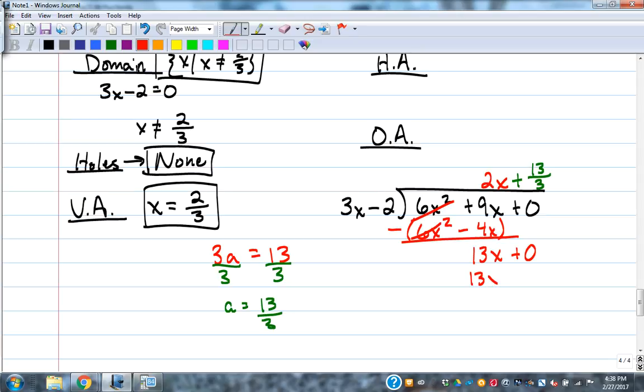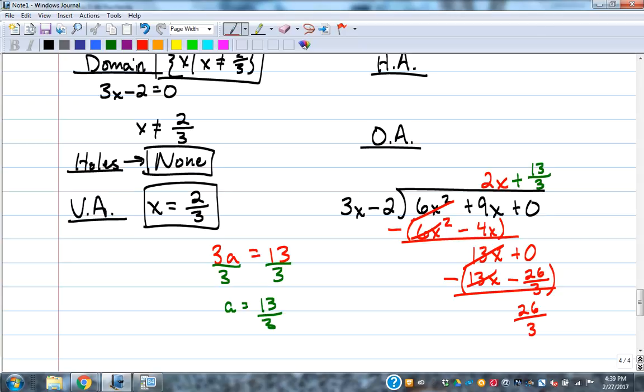So there's our 13x, and then minus 26 over 3. Subtract. Those go away. And we get positive 26 over 3. That part doesn't matter. The only part that matters is this slope-intercept form that's up here, mx plus b.